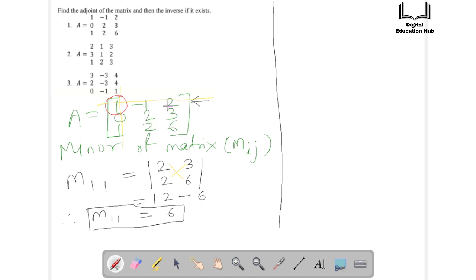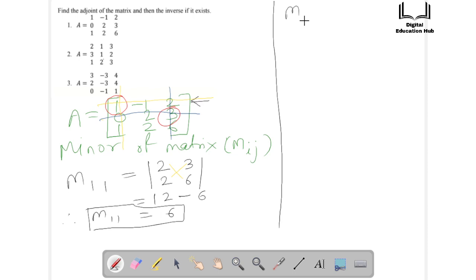Now the next part. Suppose I'm trying to find the minor for this 3. The minor would be: exclude this row and column. This is the second row and the third column, correct?